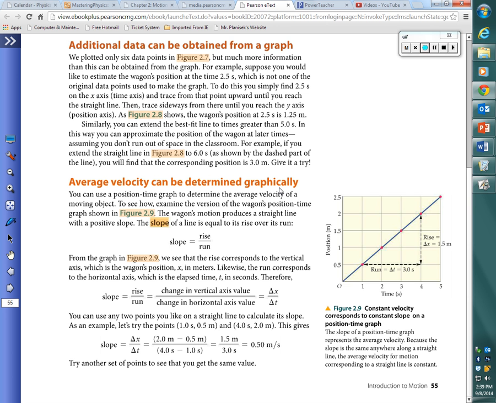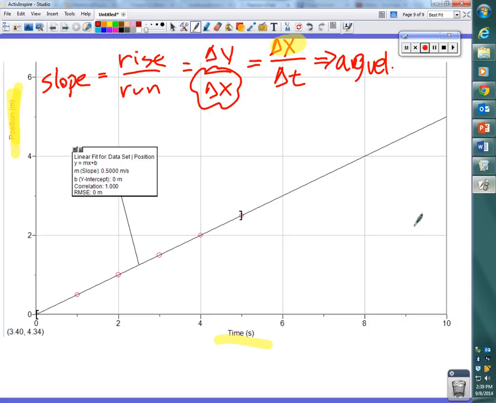If we go back to this picture representing that original set of data that I showed you at the beginning, right? Here, in this box, it gave us the slope of this graph as 0.500, and they even added after it meters per second, right?